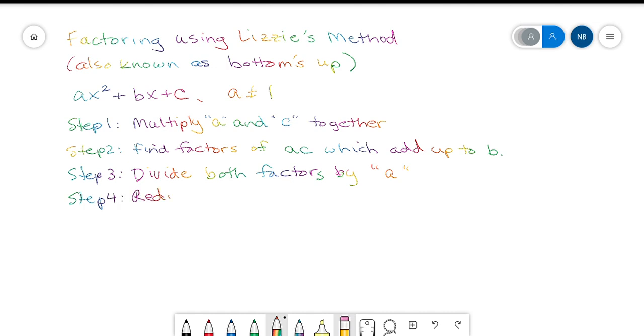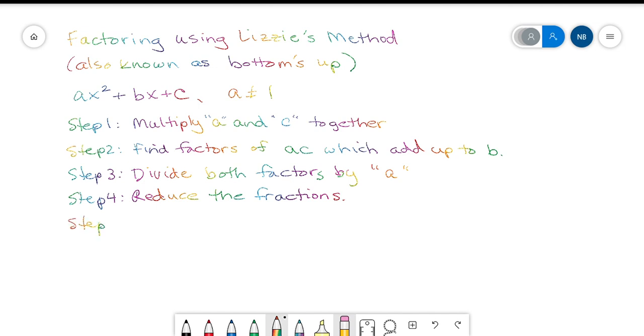Reduce the fractions. When you divide the factors by A, you end up with 2 fractions, and they have to be fully reduced for this process to work. It is kind of magical. It's actually based on an old theorem known as Vieta's theorem.